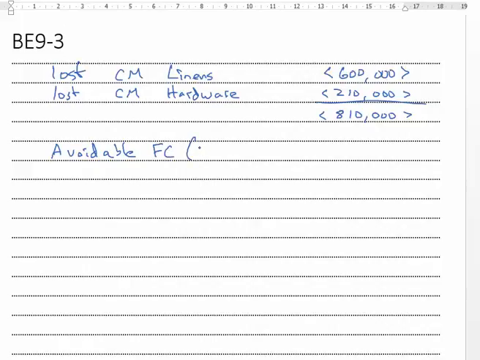Avoidable fixed costs are the full 800,000 less this 340 that we're told are not avoidable, right?